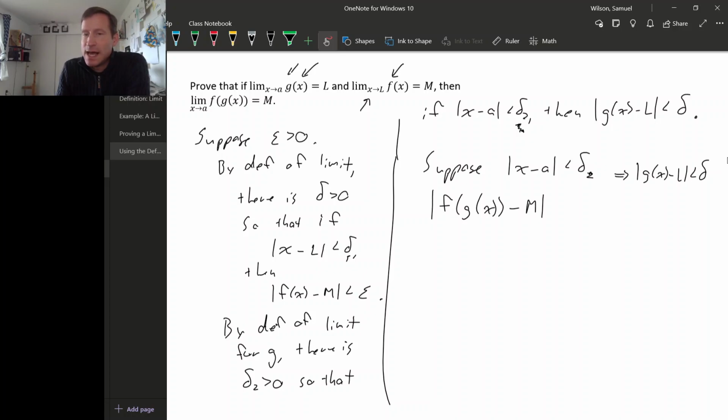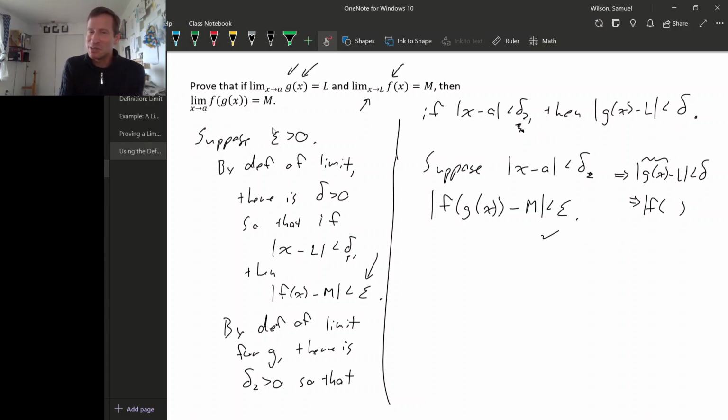And this implies that the input for f is close to L, which means that the output for f is close to M. And when we say close to M, this is how close it is: epsilon close. But that's what we wanted to show, so we're done.